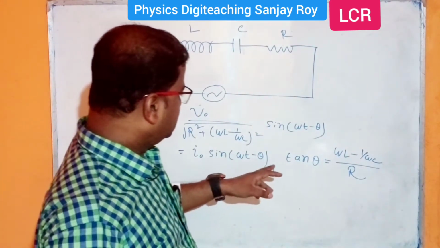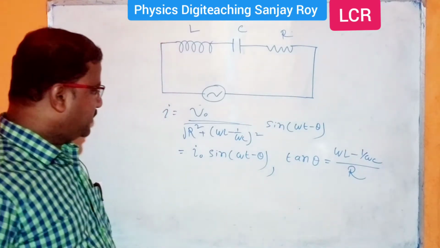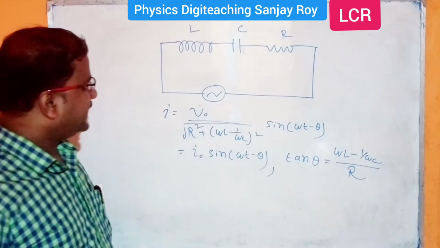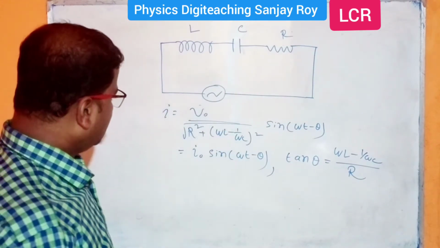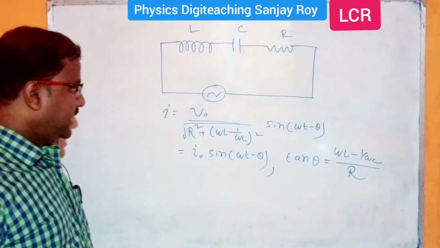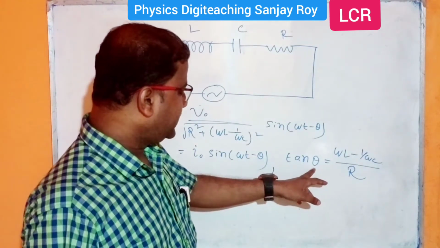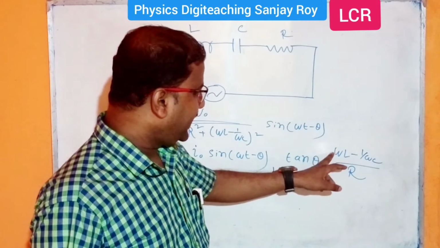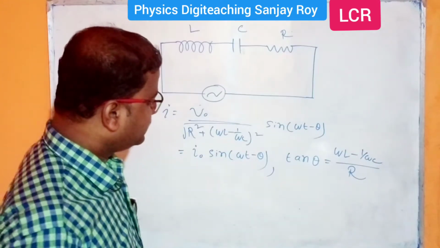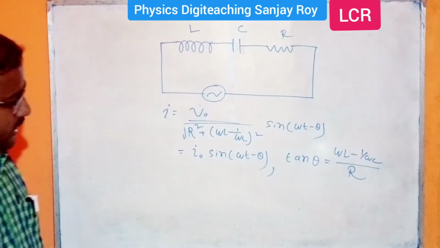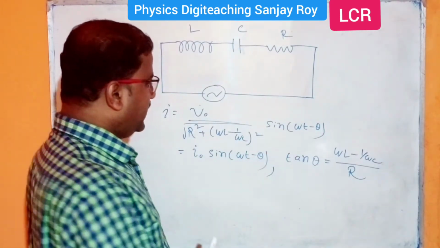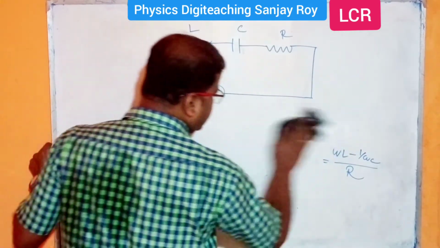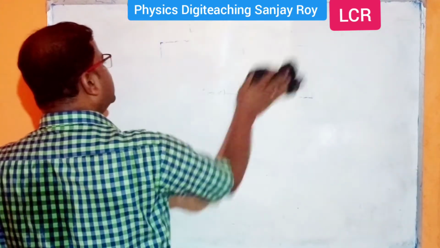Here now we have to find out whether the current leads or lags the voltage V, and it depends on the angle theta, which depends on the values of omega L and 1 by omega C. So here three cases arise, and now we discuss these three cases.